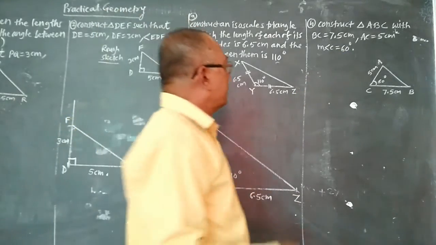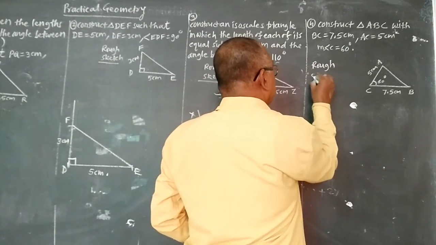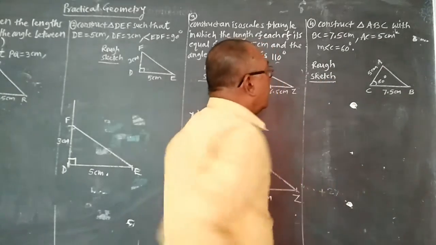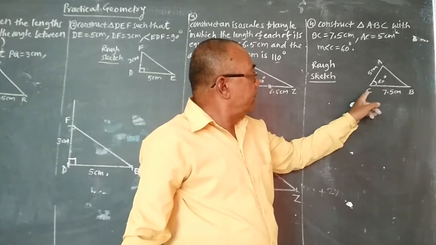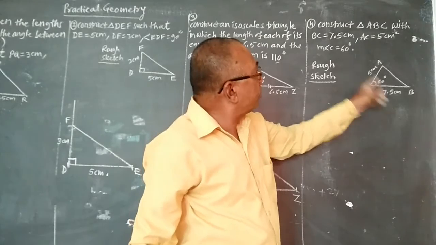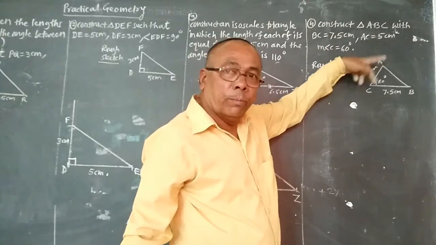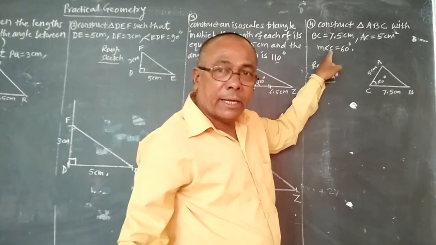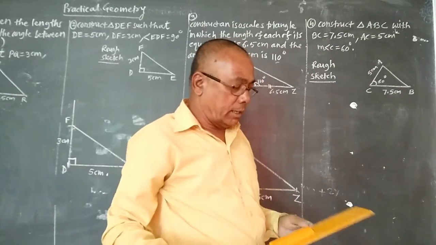So here again we have to draw a rough sketch of a triangle ABC, in which BC is equal to 7.5 centimeter, AC is equal to 5 centimeter, and the measurement angle C is equal to 60 degree, and now we will construct the triangle.